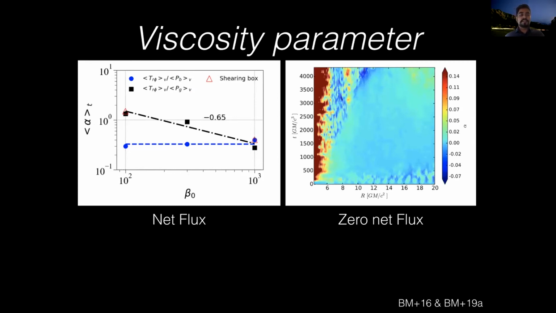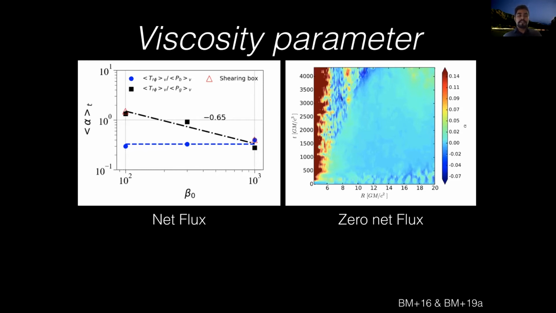You are seeing that alpha for the beta 100 case is about 3 or 4, and it coincides with the local shearing box simulations. Now, if you normalize your alpha with the magnetic pressure, then it's pretty much a horizontal line. So alpha doesn't change by changing the beta.